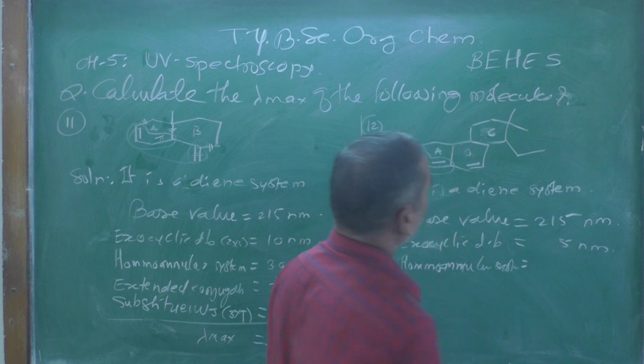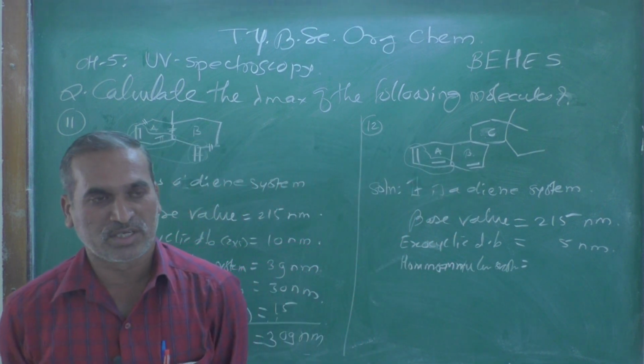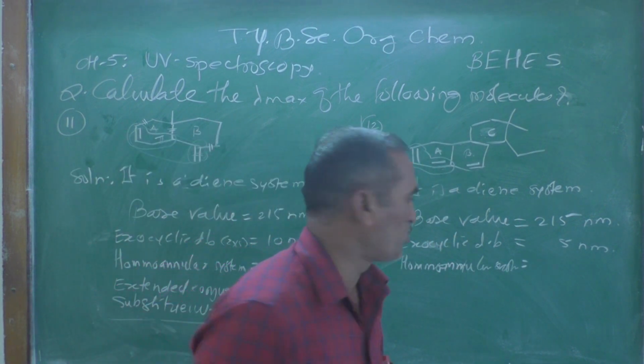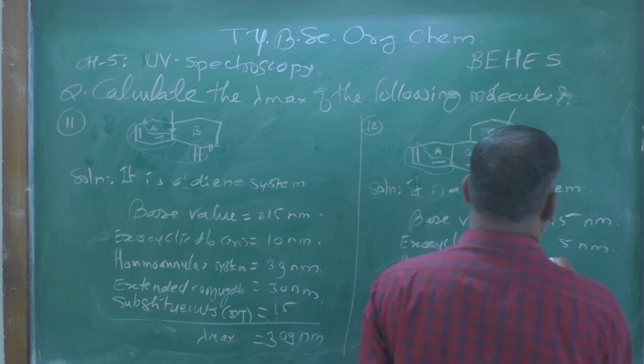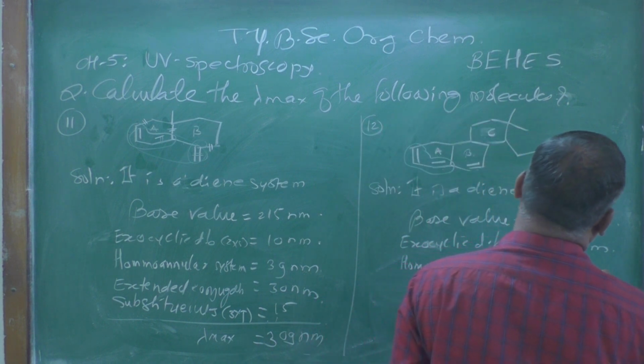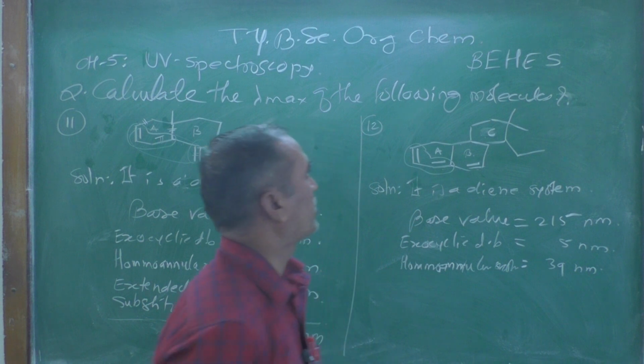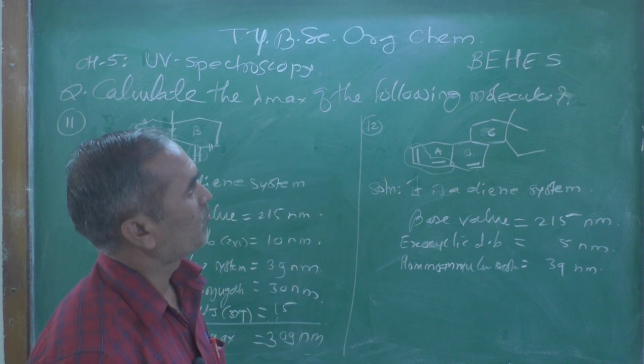And if one homoannular system is there, how much to add? You should add 39 nanometer in it. We know that from the standard values.